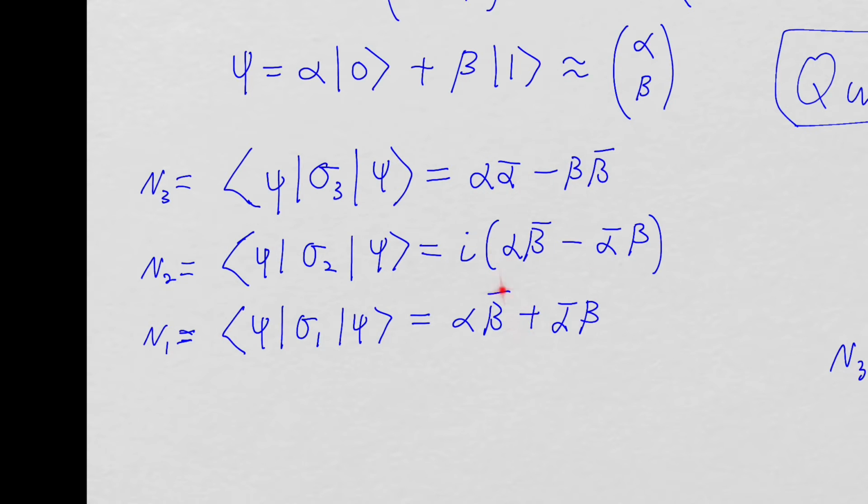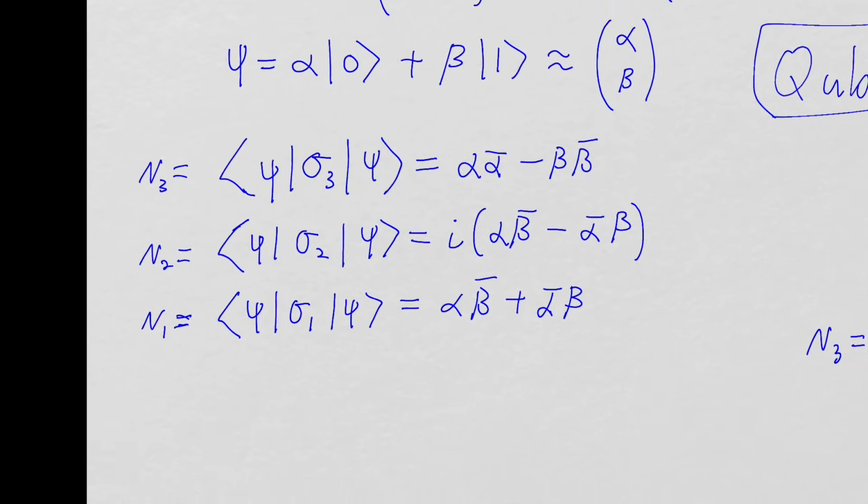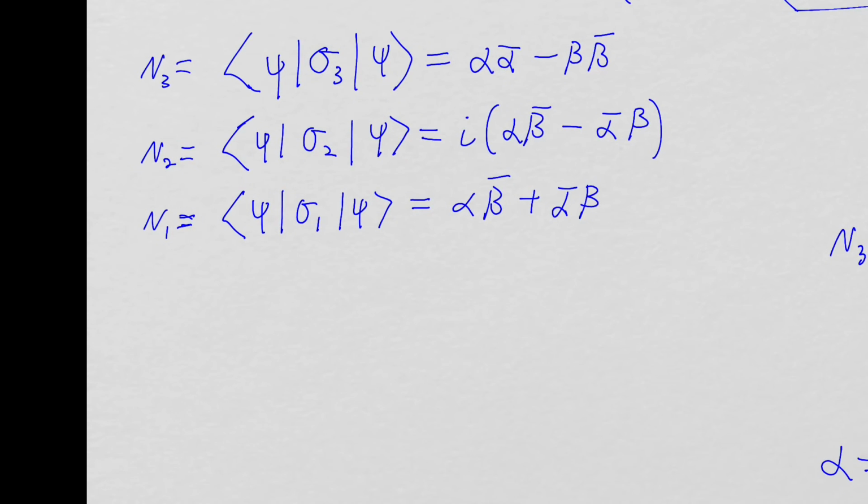And if we did that, the magnitude squared of this vector would be the sum of the squares of these three objects. So let's square these three objects, add them together, and find the magnitude of this pseudo-angular momentum vector.